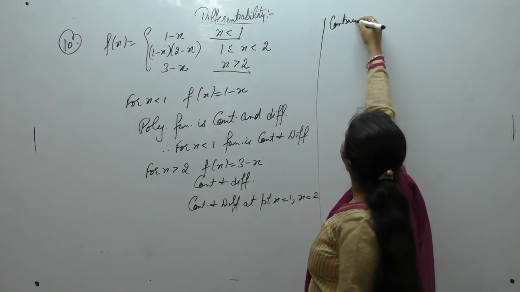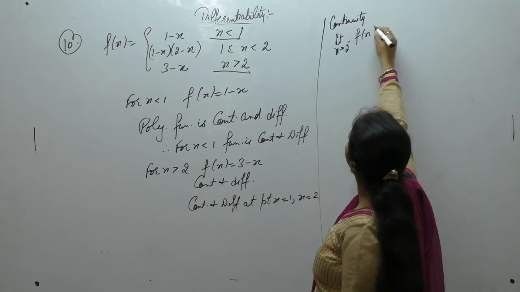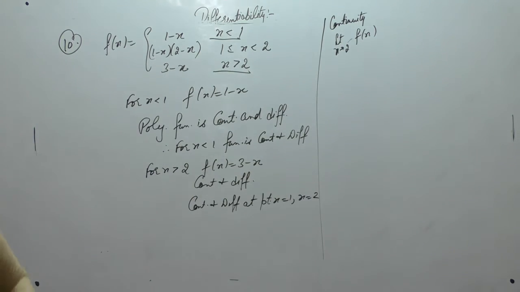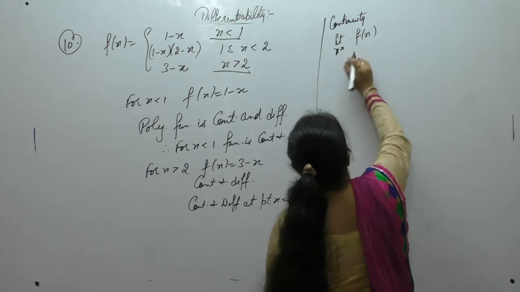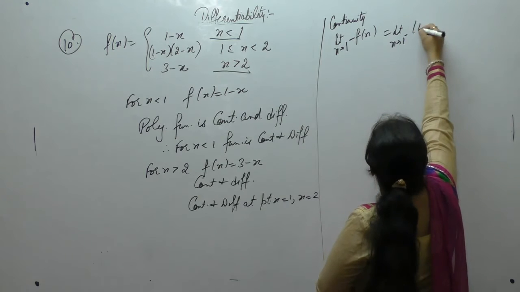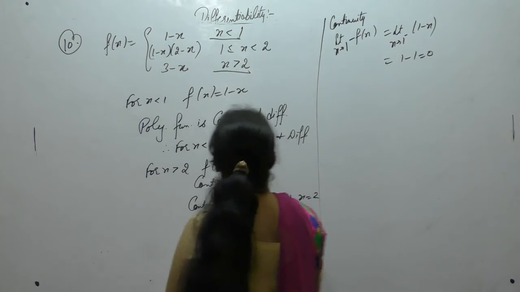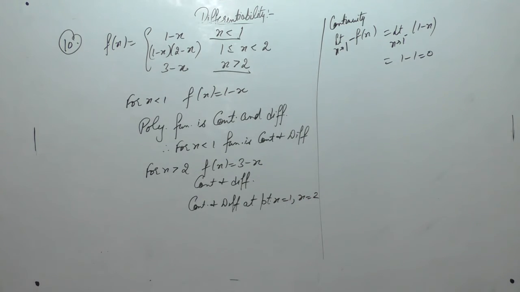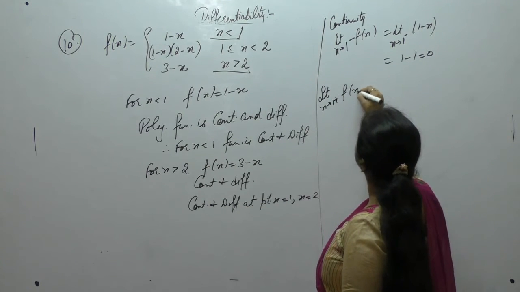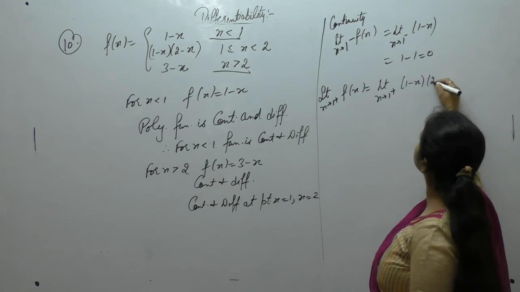First, let us check the continuity at 1. Limit x tends to 1 negative f of x: x is less than 1, then the function has value 1 minus x, so 1 minus 1 is 0. Limit x tends to 1 positive f of x: the function has value 2 minus x.